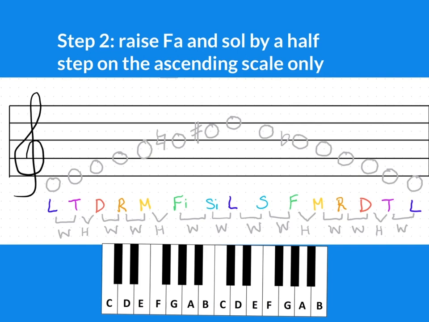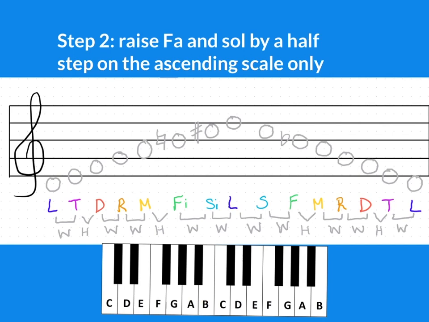So let's check from Fi to C. Is it still a whole step? Fi is B natural and C is C sharp. Yep, that is still a whole step. But what about Mi up to the next note? Mi is A natural, and Fi is B natural.